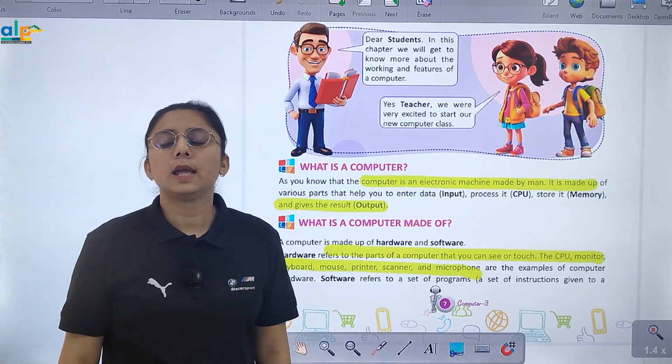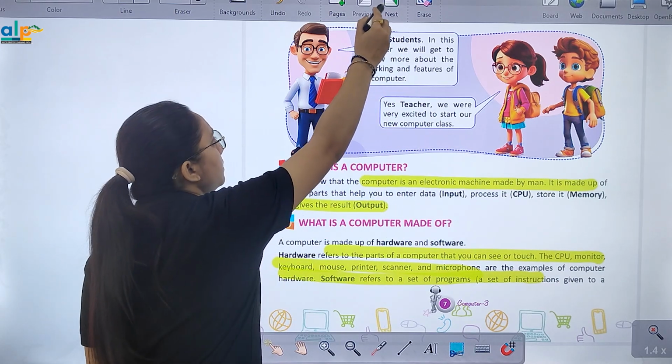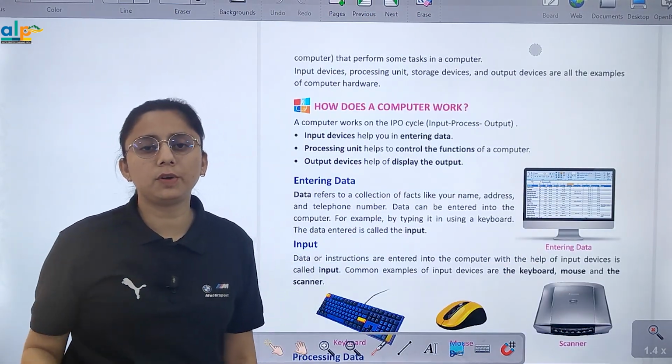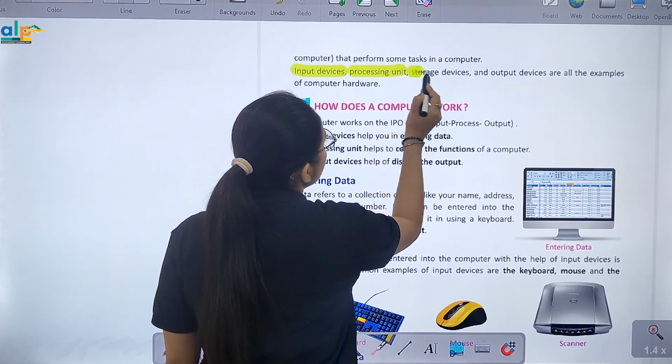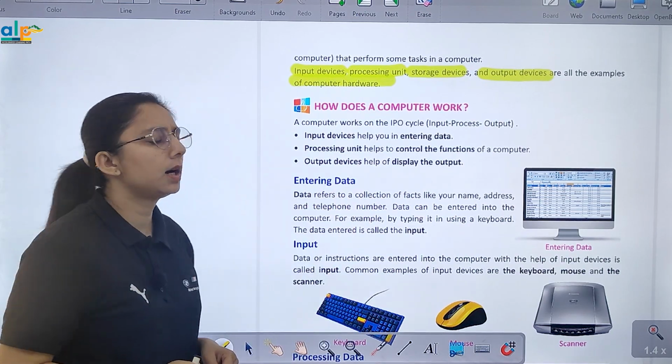They are all examples of computer hardware. Software refers to a set of programs or a set of instructions that we give to the computer and they perform different tasks. Input device, processing unit, storage device, output device are all examples of computer hardware.